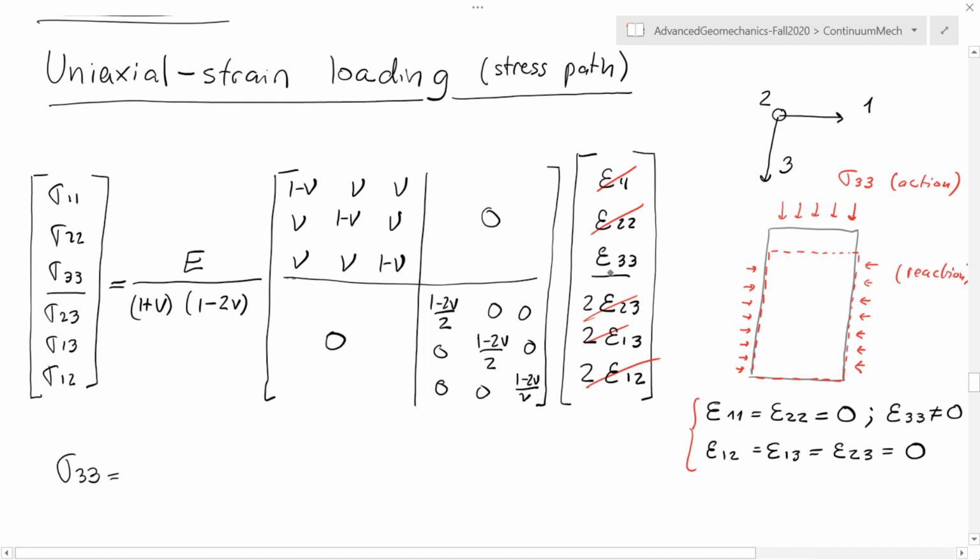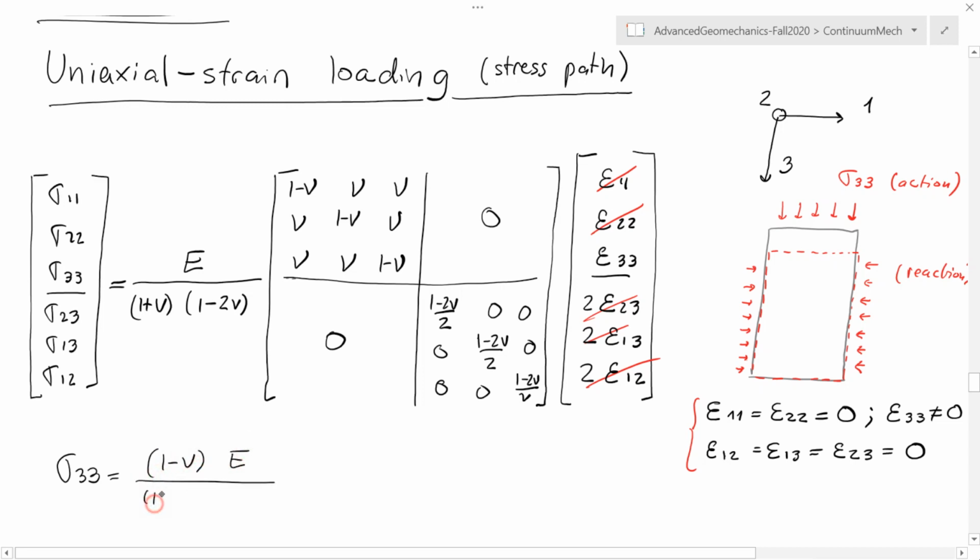In order to do that, what I have to do is to multiply the third row times the vector column of strains. And as we can see, the only element that's going to survive from all of that dot product is going to be the product of this times that times this.